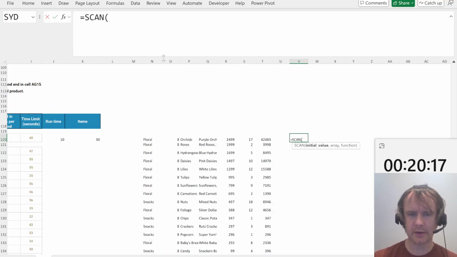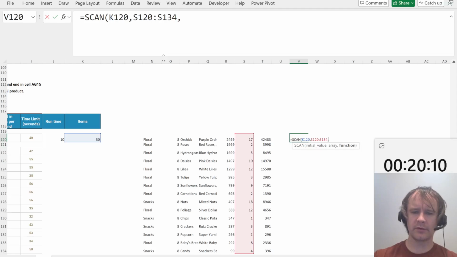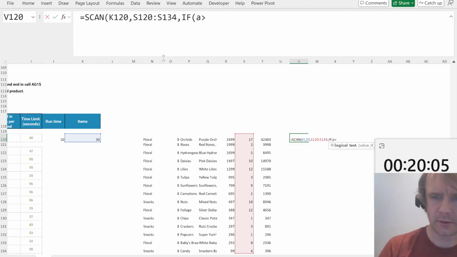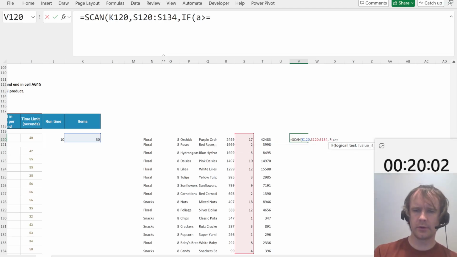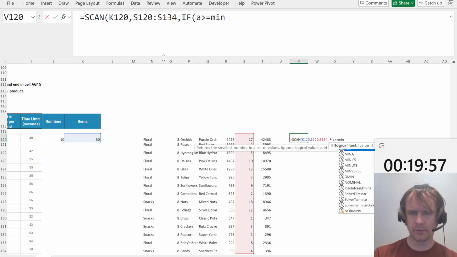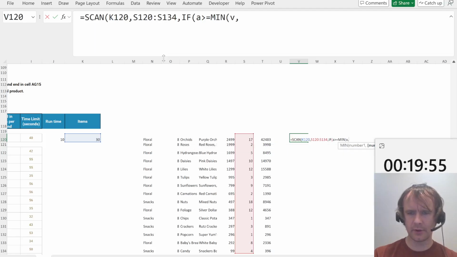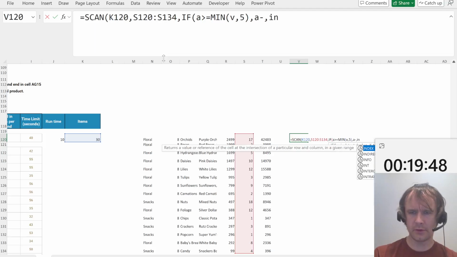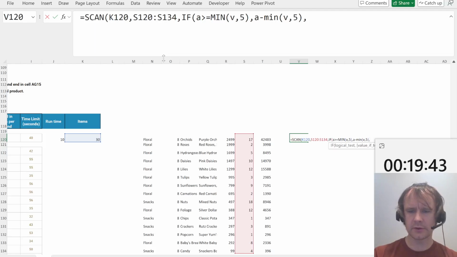So I'm going to say scan this, and we're going to say what? We're going to say if A is greater than or equal to min, no max, no min of v and 5, then a minus min of v and 5, otherwise 0.